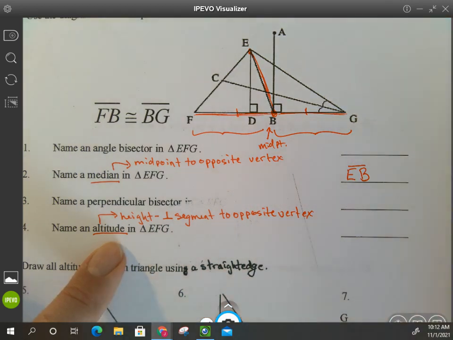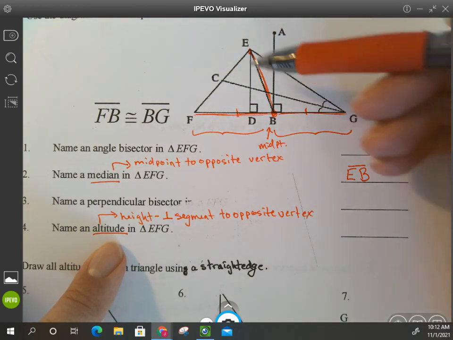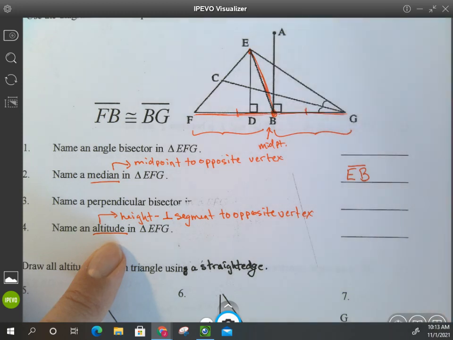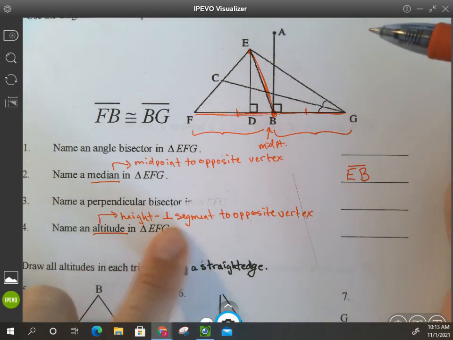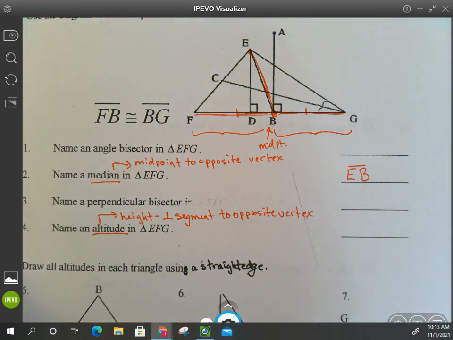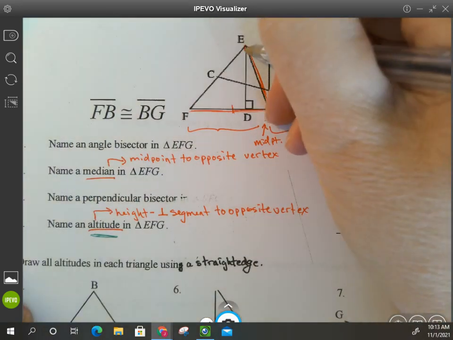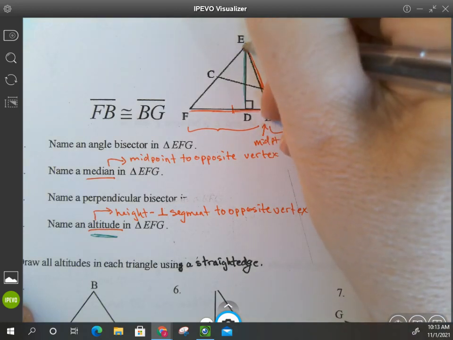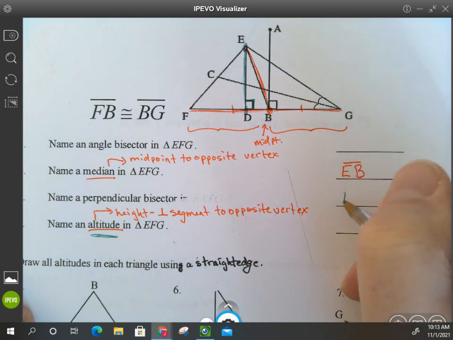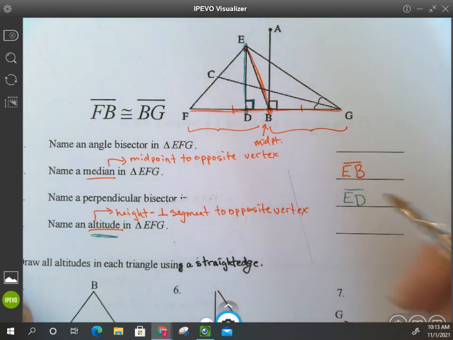So first of all, I'm going to look for these 90-degree angle marks, but it doesn't say anything about being a median. So here's the problem. There are two lines, ED and AB, that are both 90 degrees. But it has to be a perpendicular segment to the opposite vertex. So this one, I'll do this in green, is right here. It goes from E to D. So ED, that is my altitude.